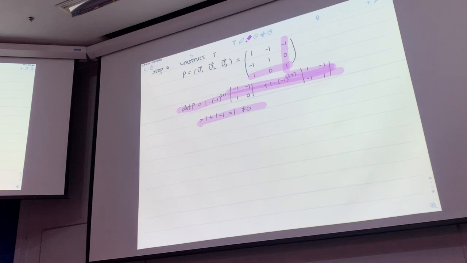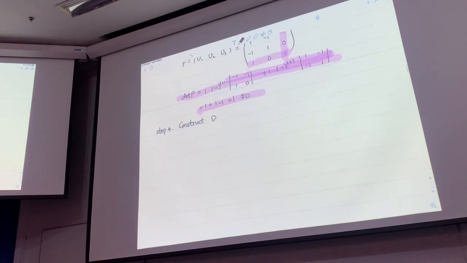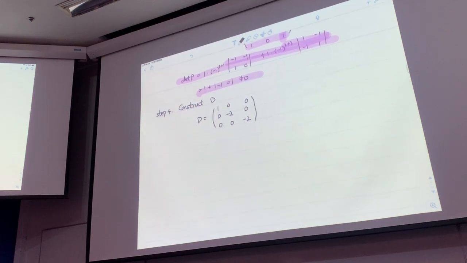Okay, now we can construct the D. The step 4. We got this one.